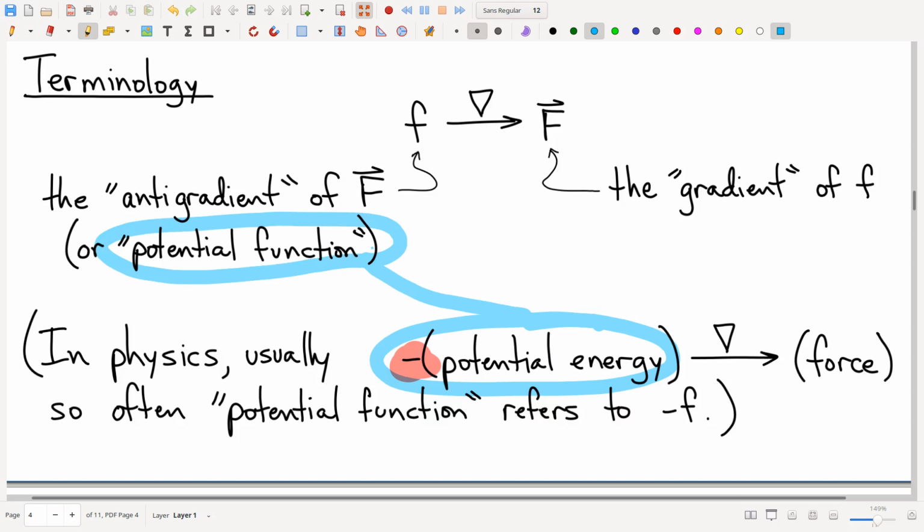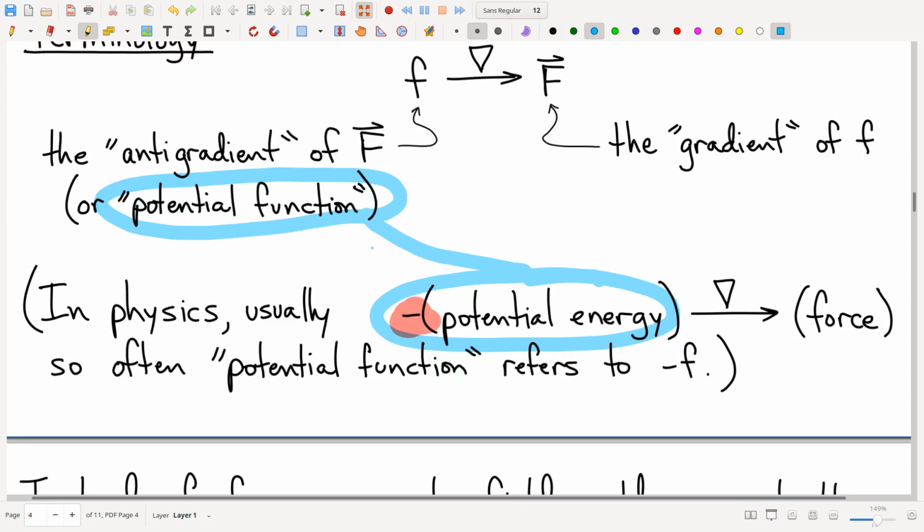Now you can probably see already on the screen here why I don't really like this terminology. It's this minus sign right here. It's really confusing. If somebody says potential function, are they telling you the anti-gradient or are they telling you the potential energy function? It matters to the tune of a minus sign. There's a nasty opportunity for confusion there.